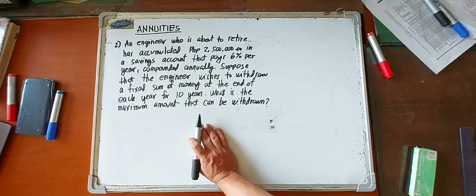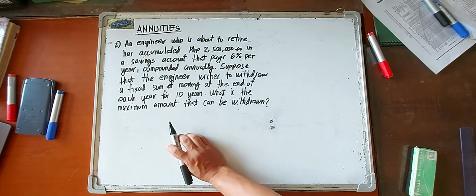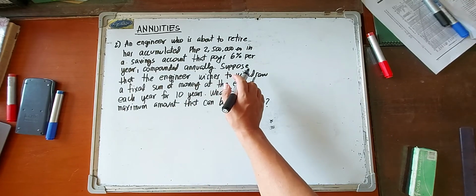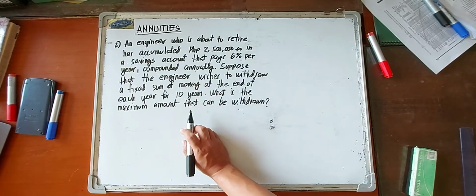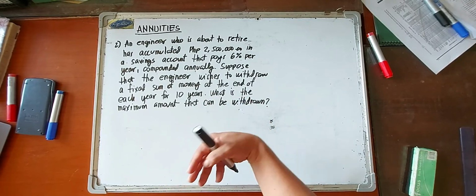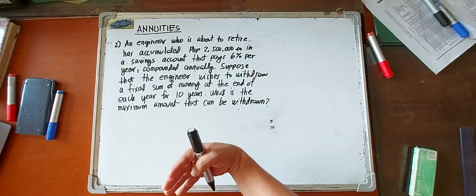So, i-invest niya ngayon yon. Ilalagay niya yung 2,500,000 in an account that pays 6% per year compounded annually. So, ano ngayon yung marireceive niya yearly for 10 years na amount? Okay.